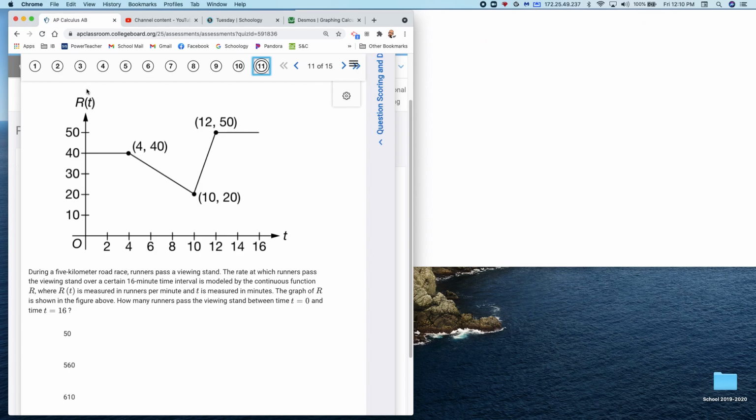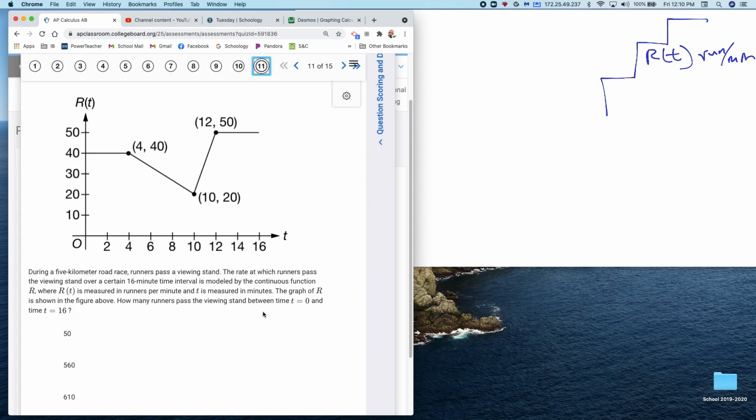So this is a rate. Over here in your mind, R of t is the rate, and it is measured in runners per minute.